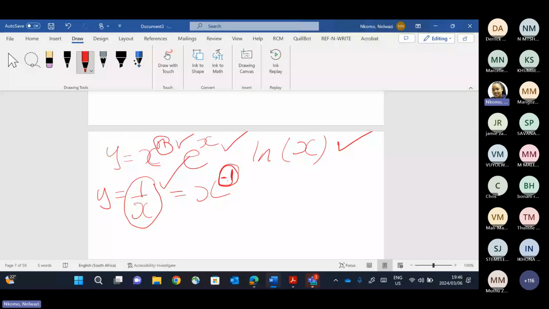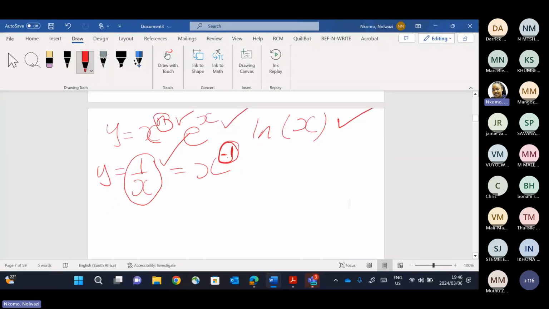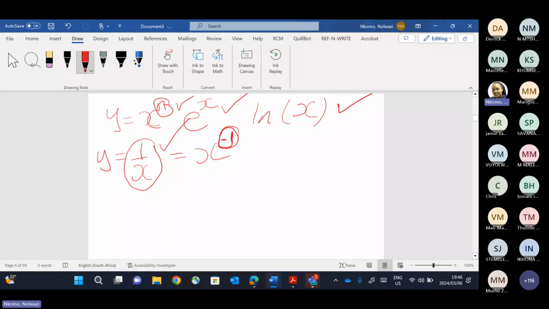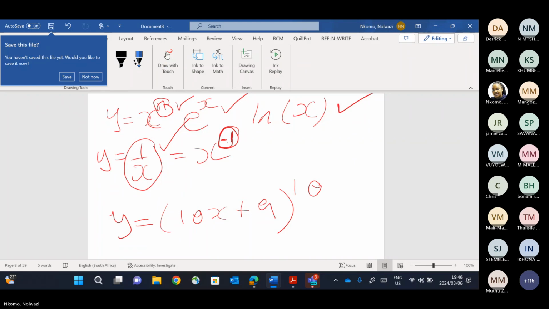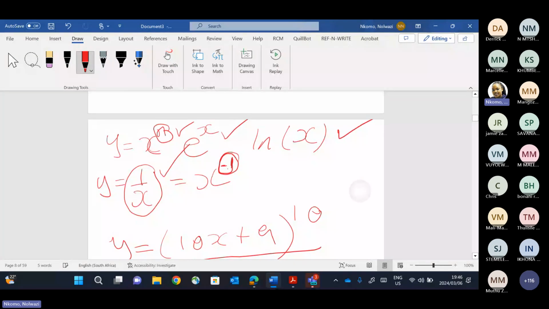So, since you know these rules, suppose you are given something like y is equal to (10x plus 9) to the power 10. You see here, it's not easy to use any of the rules, because you have a function inside to the power n. You don't have just variable x to the power n.